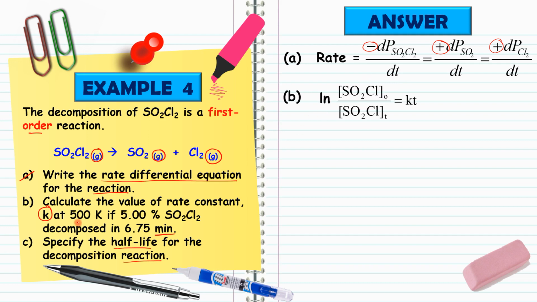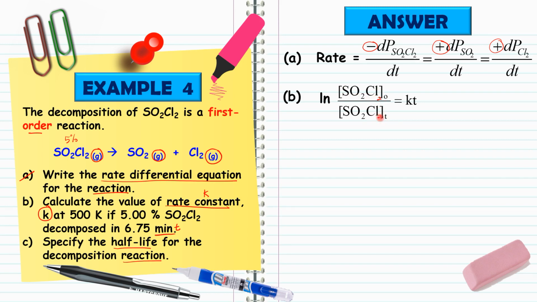For B, it involves time, and you want to calculate the value of k, given that 5% of SO2Cl2 decomposes. The 5% here refers to the initial concentration of SO2Cl2.